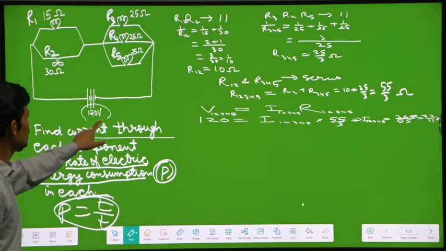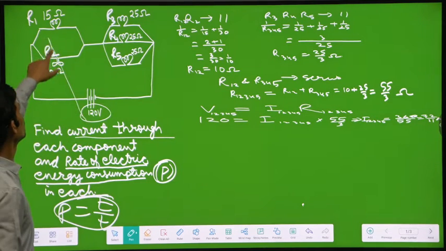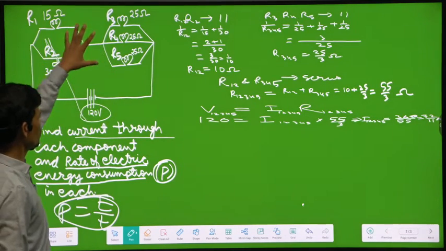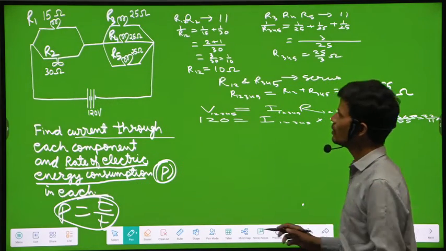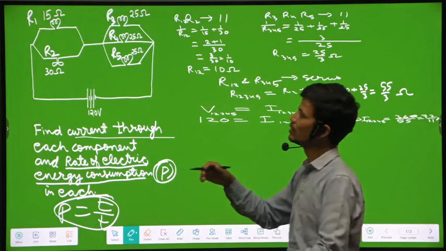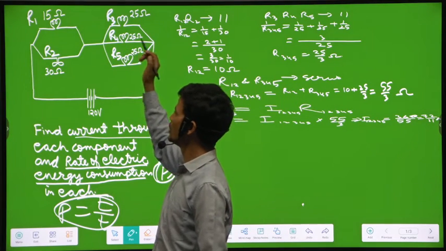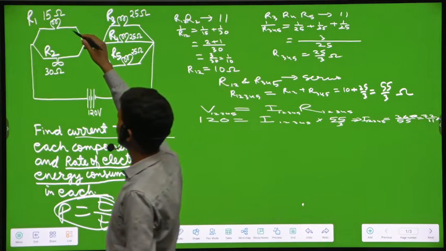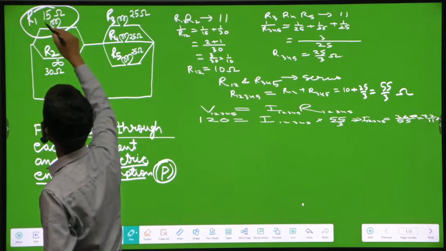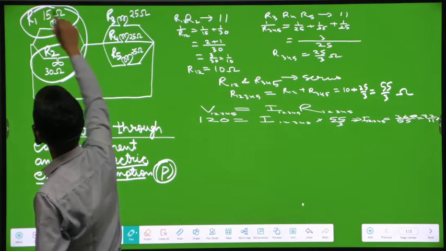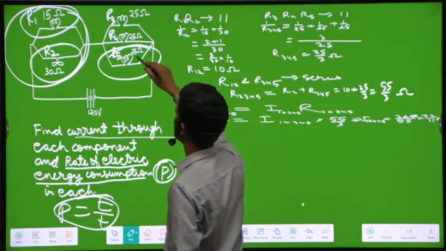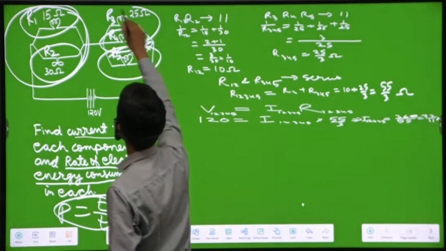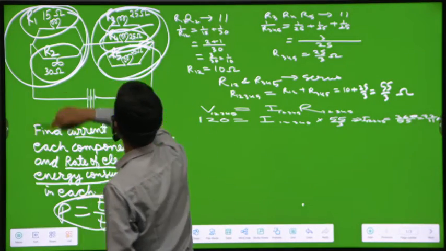This 120 is not given solely to each one of them. Actually it will be divided and then consumed by these components. But whatever the potential difference is across this, it will be the same across each branch of the combination.